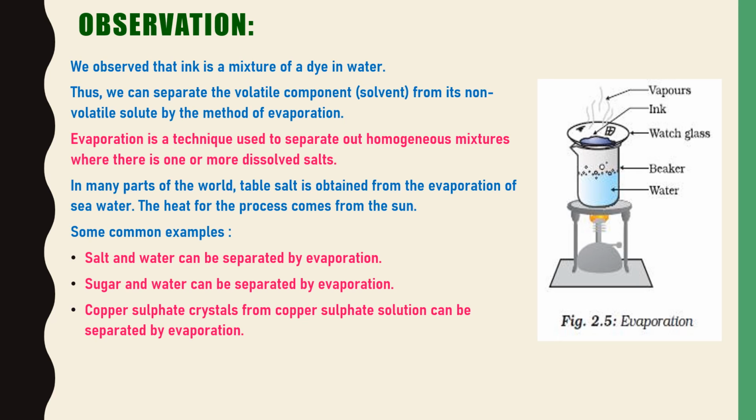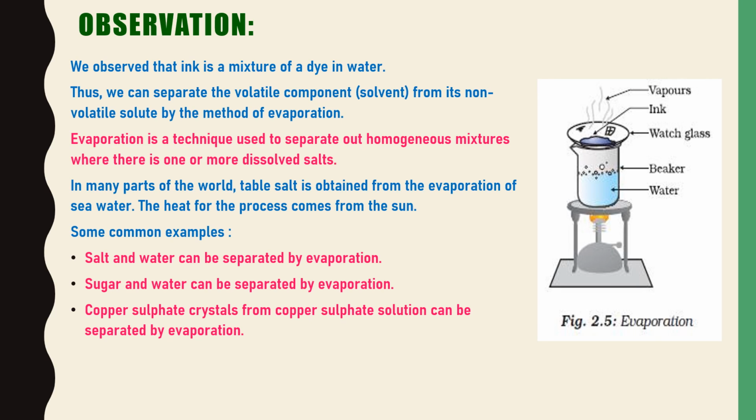So is there any residue on the watch glass? Yes, there will be a residue. After all the water has evaporated, there will be solid ink, colored ink. So we can define evaporation as a technique used to separate out homogeneous mixtures where there are one or more dissolved salts.